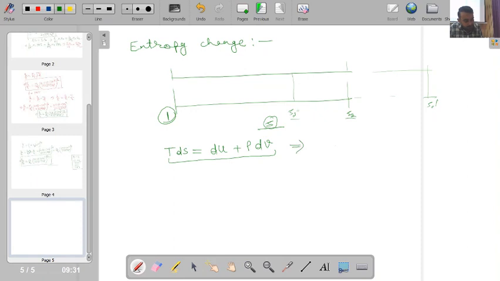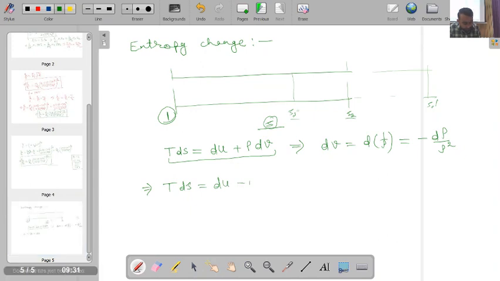Now this dV can be written as d of 1 by rho, and if you solve this, it will become minus d rho by rho square. Okay, so it means that my relation will become TdS is equal to du minus P by rho square into d rho.